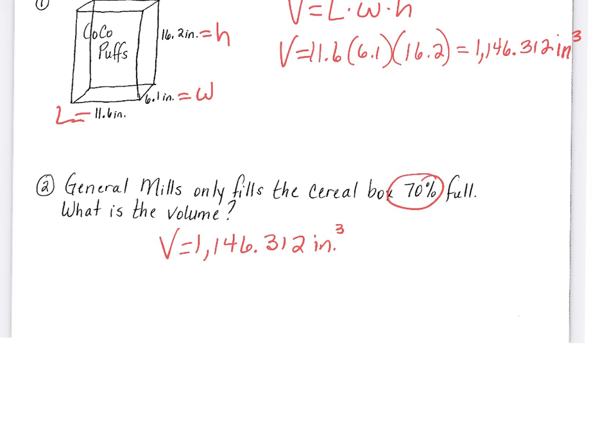So we are going to take this times, move it back 2 places, 0.7, or I could write 0.70. So the volume, what that cereal box is going to hold, is going to be 802.4184 cubic inches. Make sense?